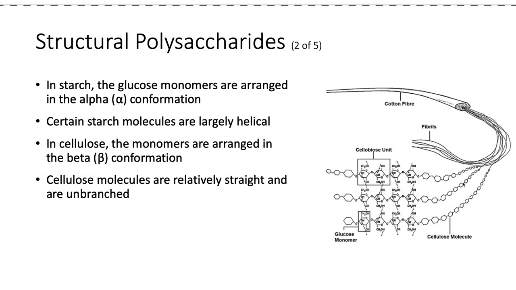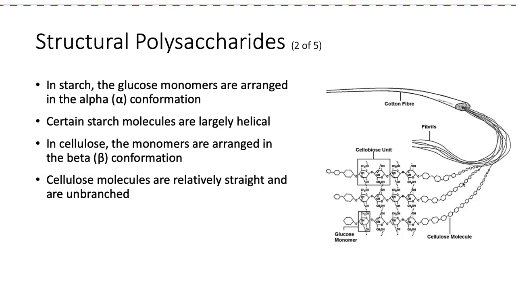So in starch, the glucose monomers have the alpha conformation, and starch molecules can be helical, and all that helical means is that they are in kind of twisty, turny, kind of like a slinky shape. If you remember playing with slinkies when you were a kid.